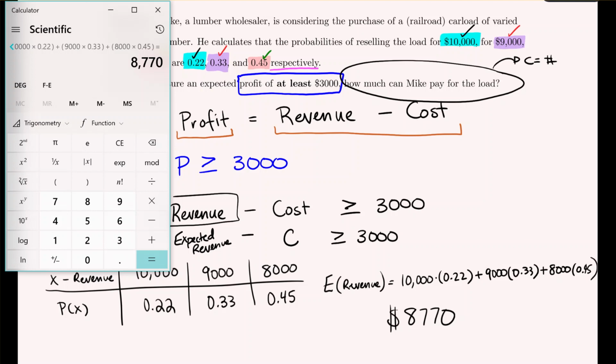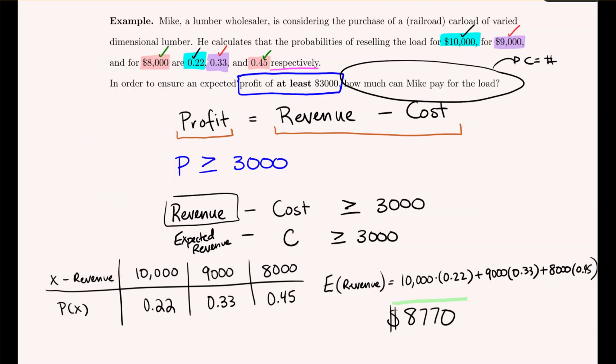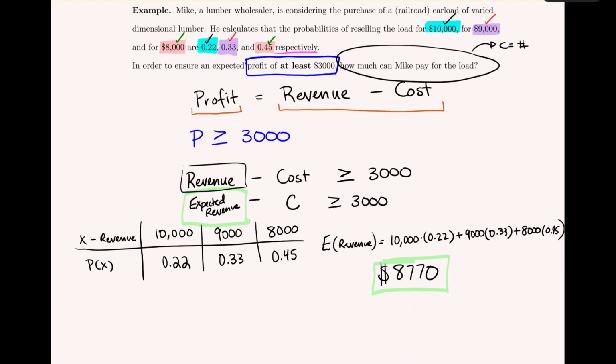So this is the value that we will substitute into our inequality. So we have 8,770 minus the cost needs to be greater than 3,000.